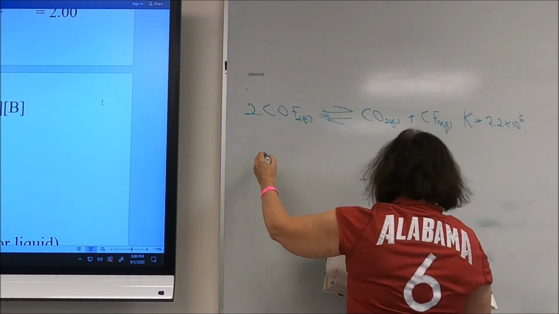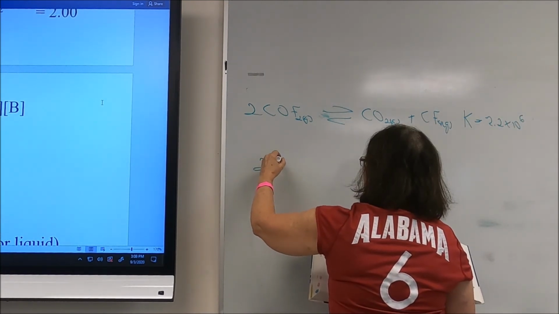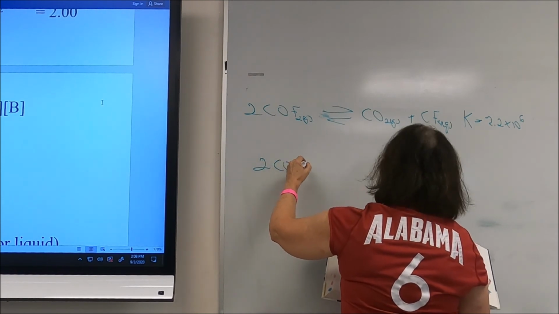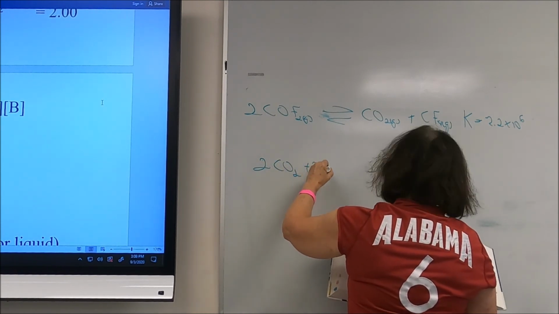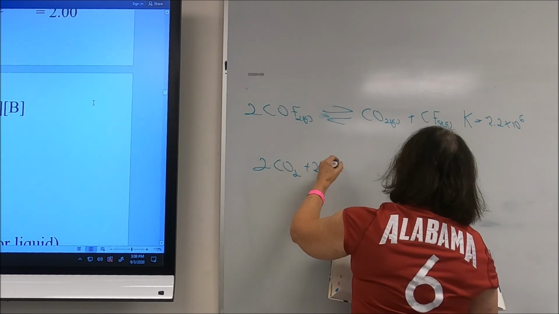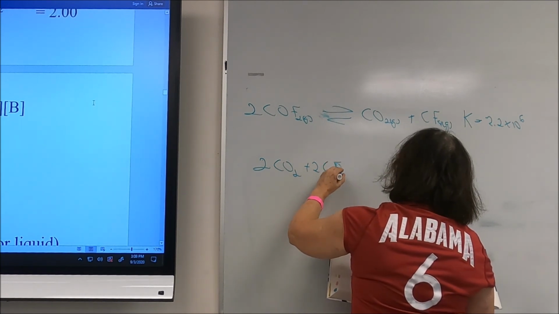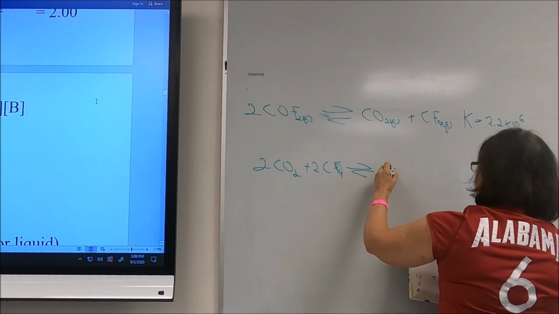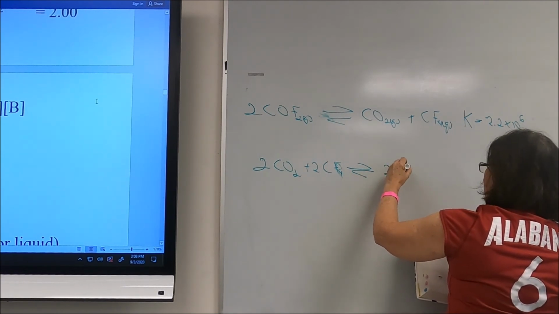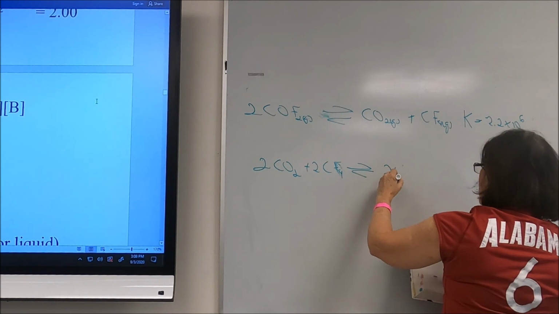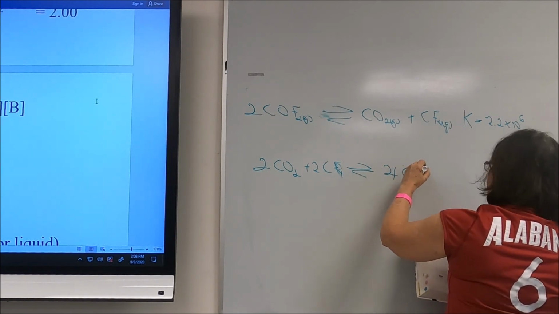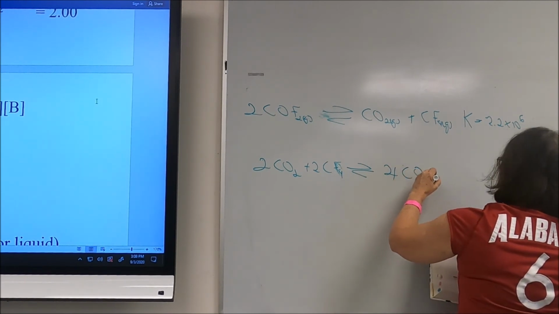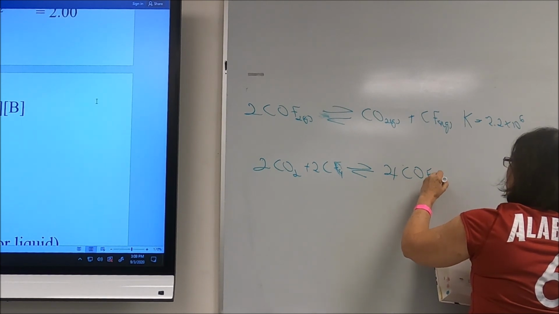We're asked about the following reaction: 2 carbon dioxides plus 2 carbon tetrafluorides combining to give me 4 carbon monoxide difluorides.